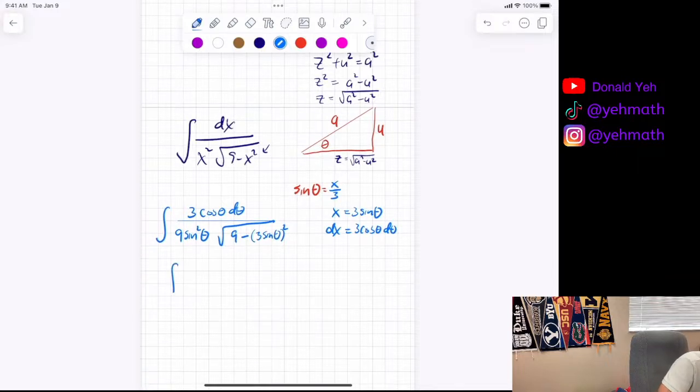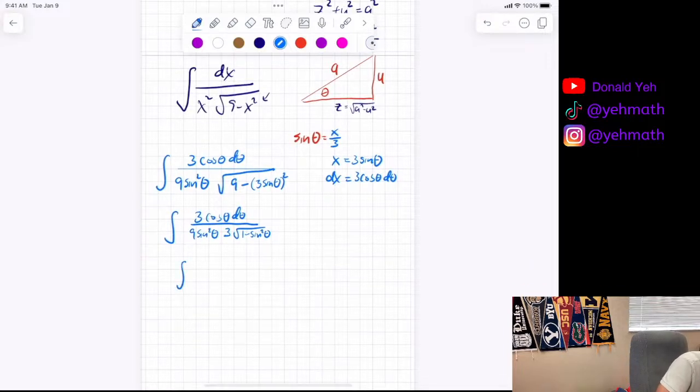So I'm gonna integrate this: 3 cosine theta d theta all over 9 sine squared theta times the square root of 1 minus sine squared theta. Is that okay?